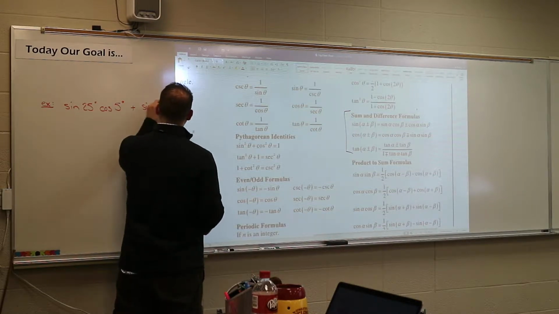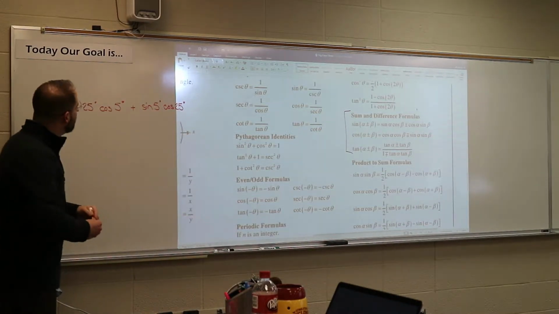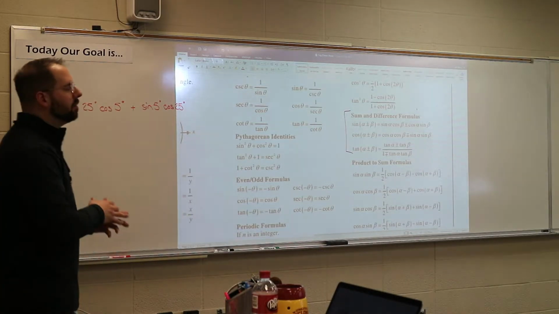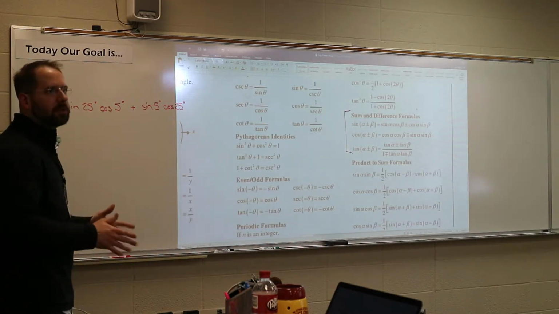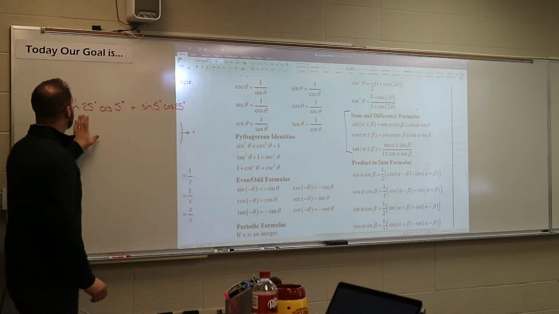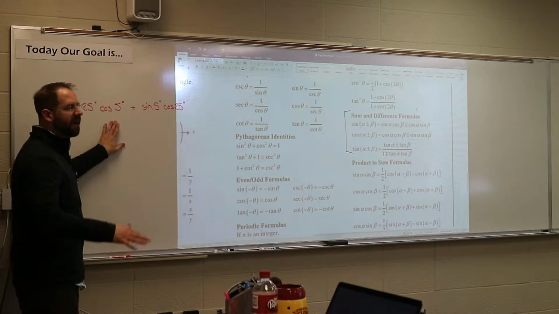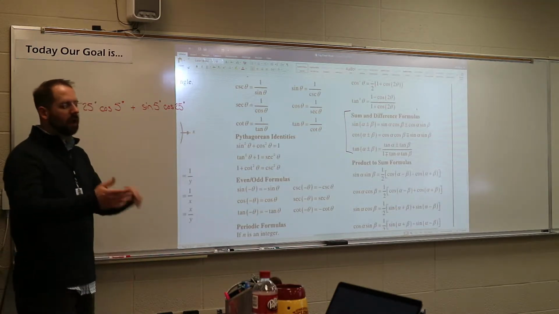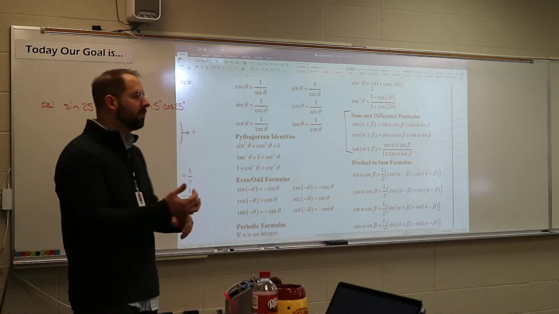Now, I know this seems a little goofy, but let's say this is the start of your problem. I don't know how you got there, you did some work in whatever problems you're working on, and you got to a point where this is where you're sitting. We don't have special triangles that have 5s and 25s in them. The two special triangles we have are 30, 60, 90s and 45, 45, 90s.